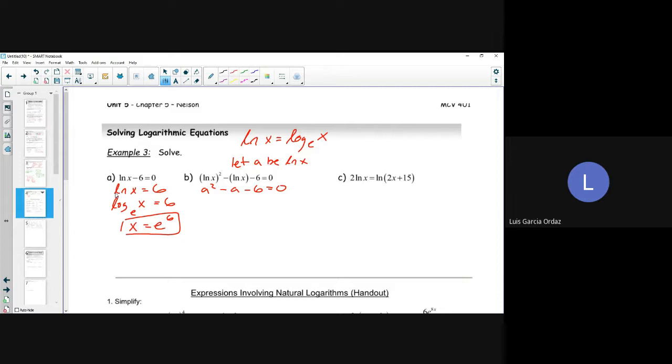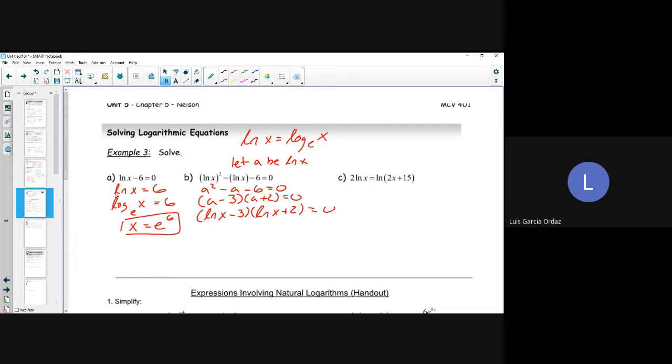A minus 3, a plus 2, thank you. So now I can sub my lns back in, so I get ln of x minus 3 and ln of x plus 2 all equal to 0.